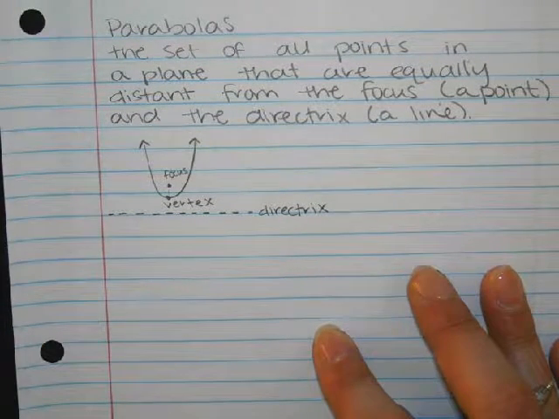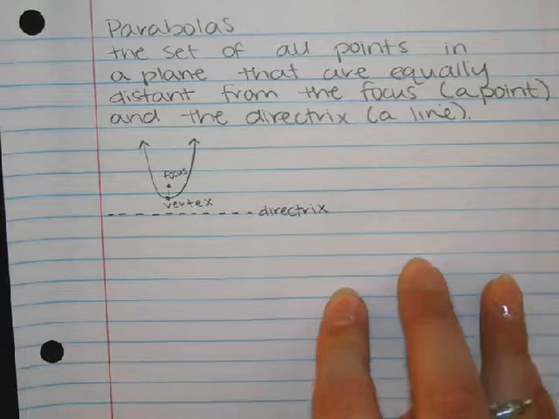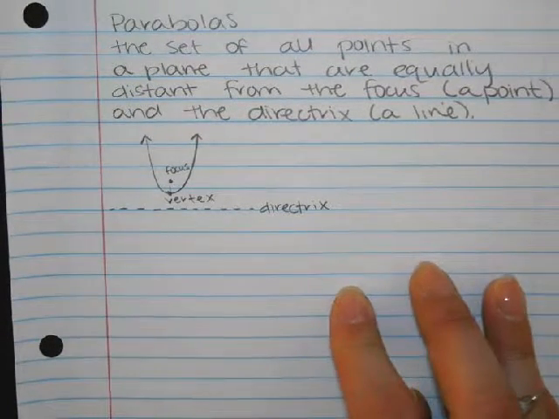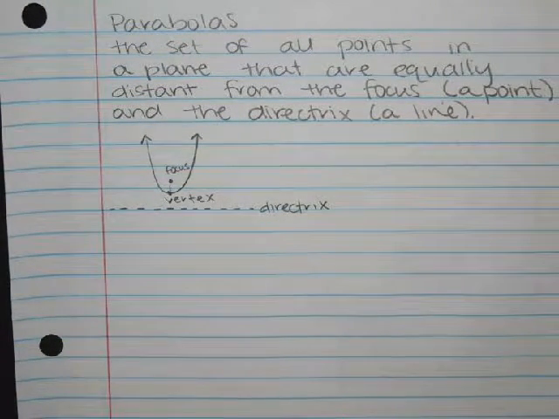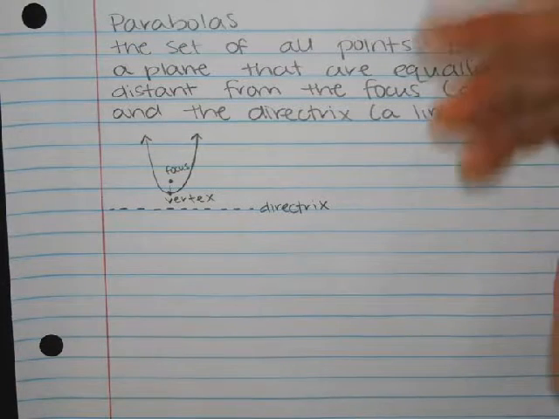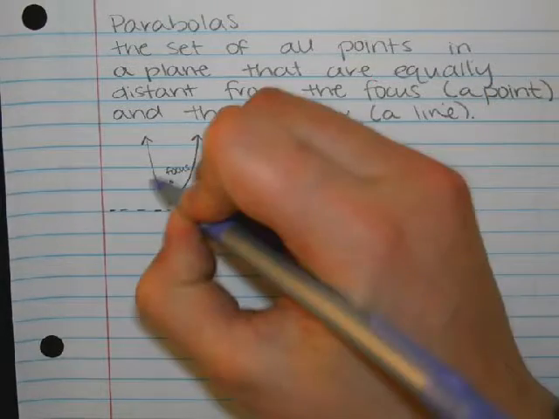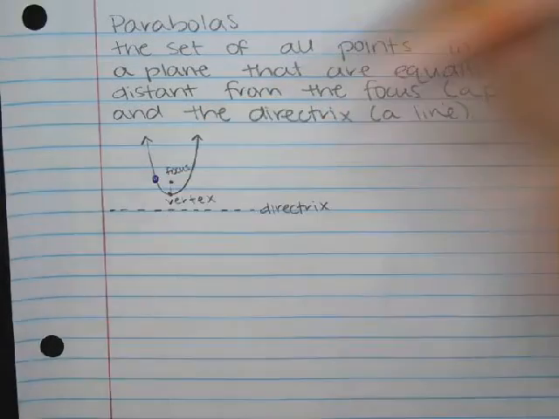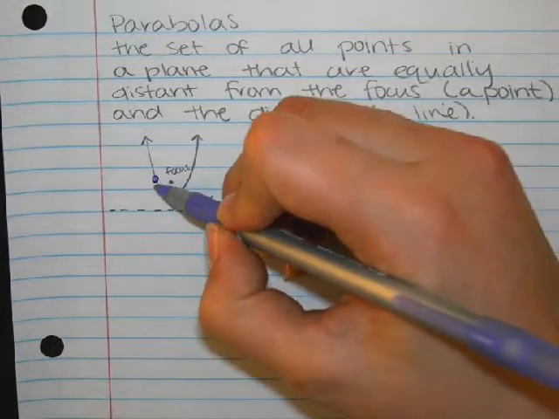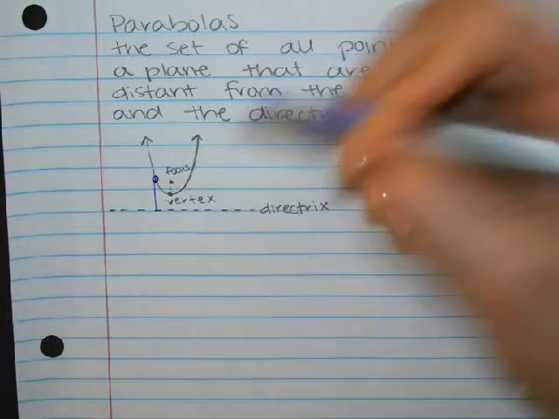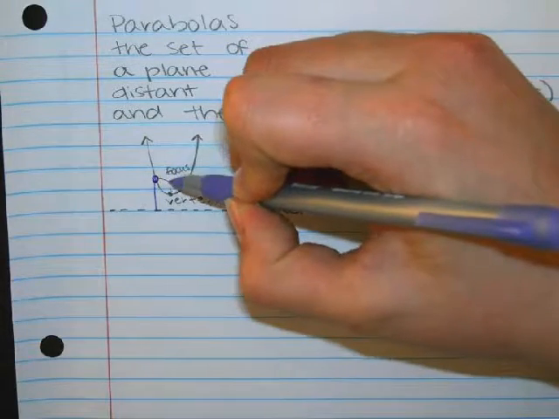So what the definition is saying is that you can pick any point on the parabola, any point at all, and this is not going to be very believable with my drawing because my parabola is not perfect, but it's saying that you can pick any point on the parabola, and if you measure this distance right here, it would be exactly the same as that distance right there.